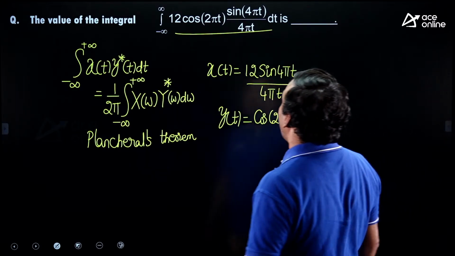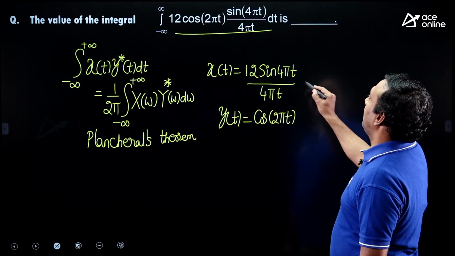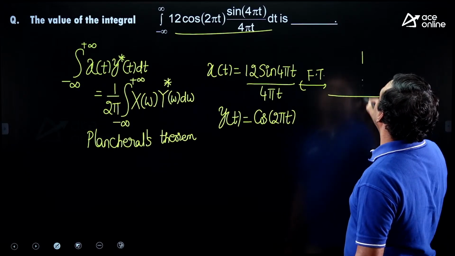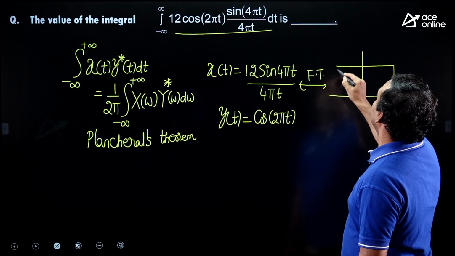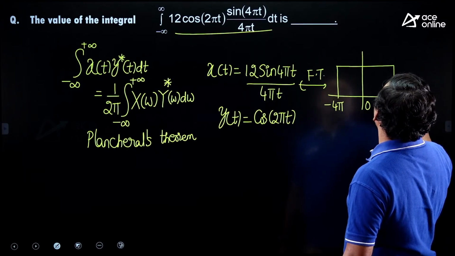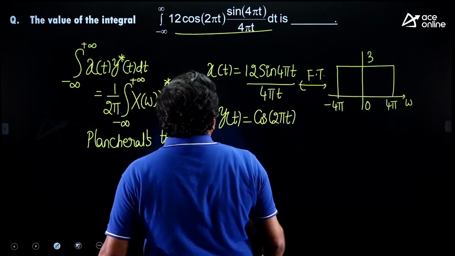That is most important. So, like we observed in the previous example, the sin AT by pi t form, what is the spectrum we can take? That is the rectangular spectrum directly.